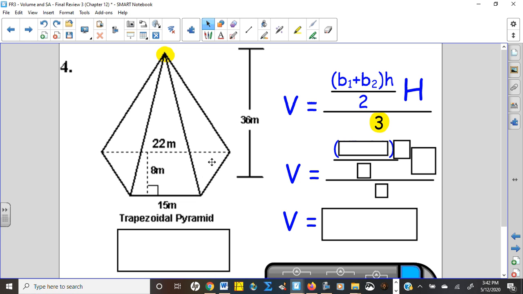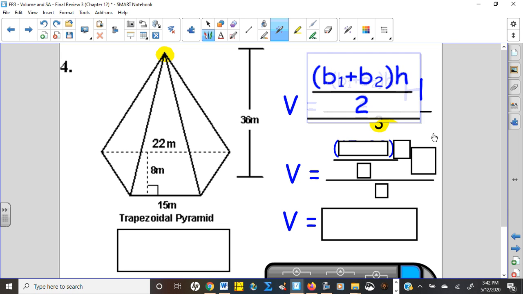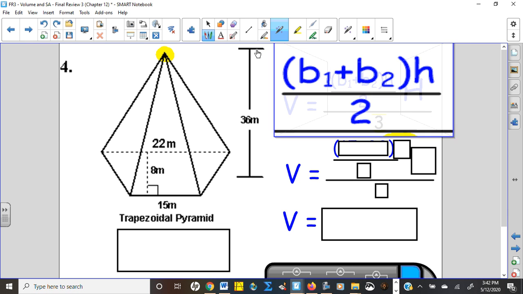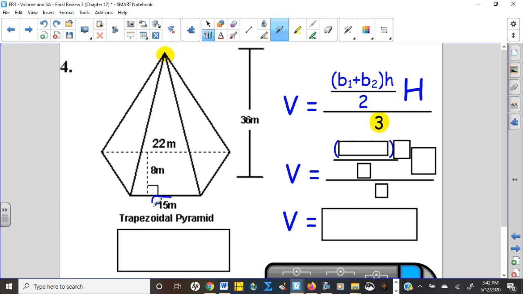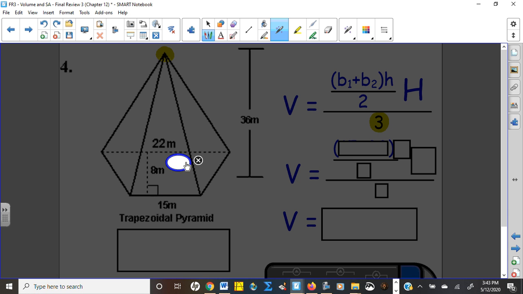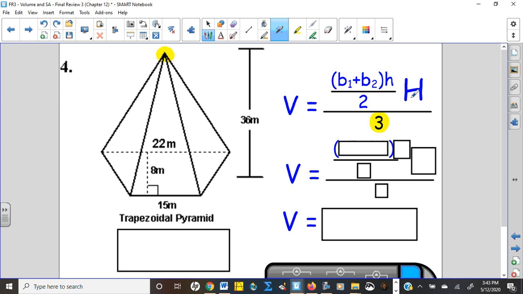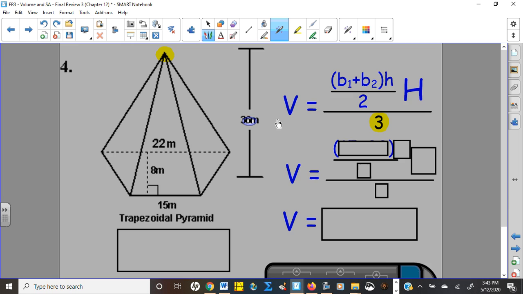The base is a trapezoid, so this is where you really got to know your area formulas. The area of a trapezoid is the sum of the bases multiplied by the height of the trapezoid divided by 2. So in this case, the bases of the trapezoid would be 15 and 22, and the height of the trapezoid is 8, multiplied by the height of the pyramid, which they very nicely gave us as 36.